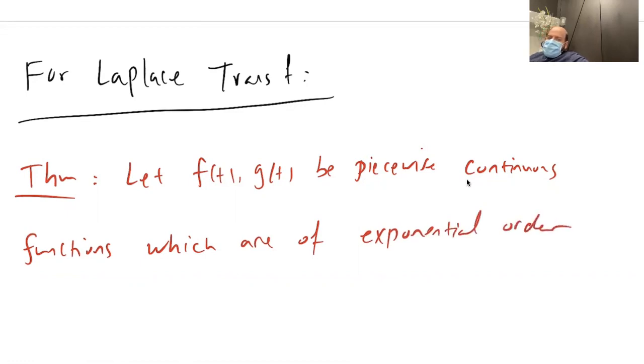Remember, piecewise continuity and being of exponential order were the conditions that guaranteed for us the existence of the Laplace transform. So under this condition, we have a guarantee that the Laplace transform of f and the Laplace transform of g exist.